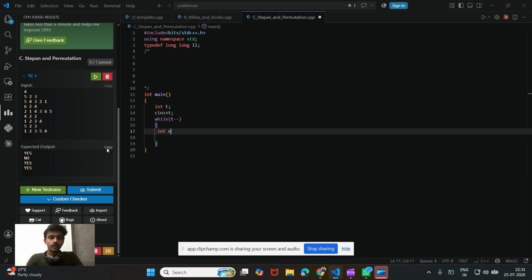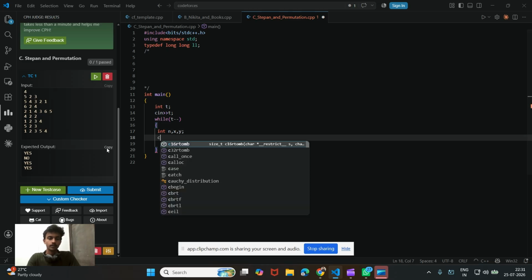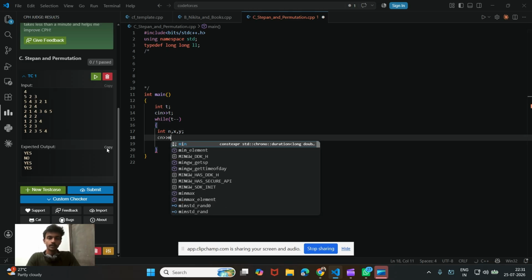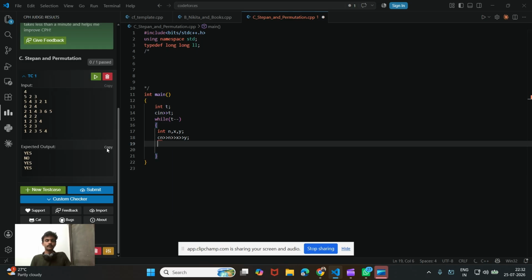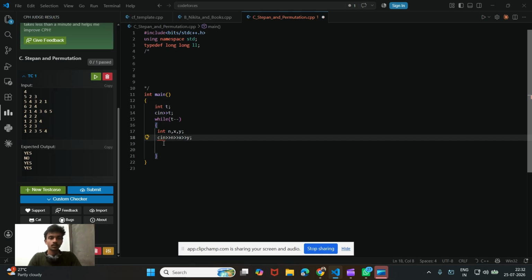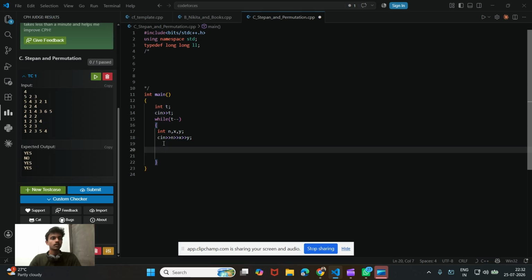So we have n, x, y as input, then we have a permutation here, right?